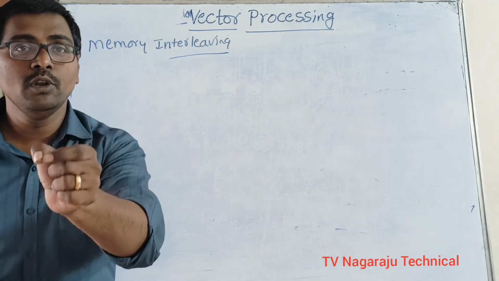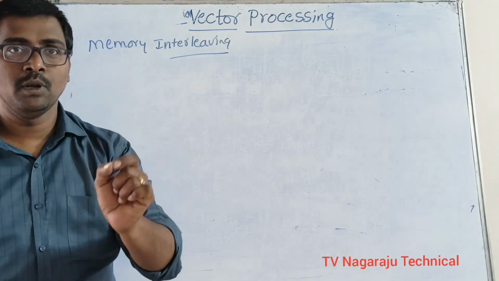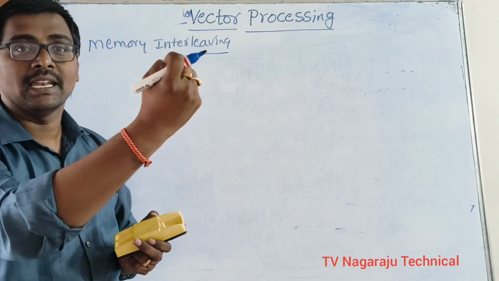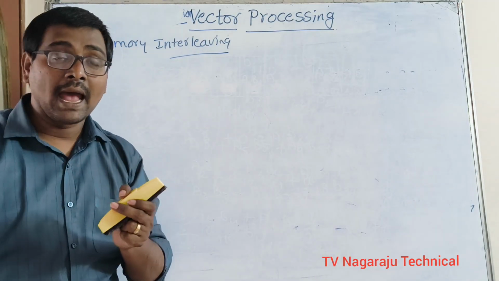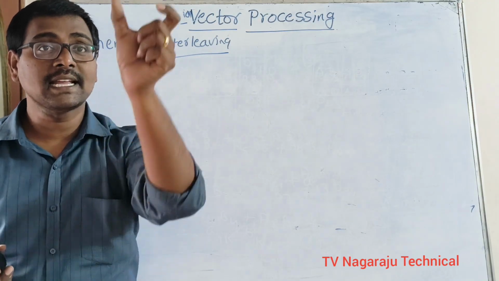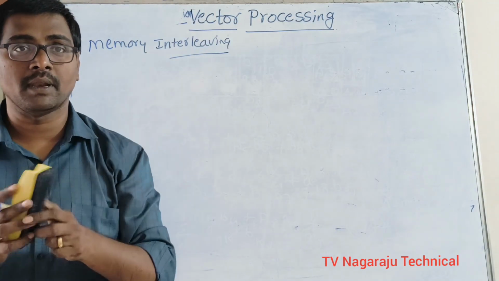Now, how do we allocate the memory? For example, in the instruction pipeline, one segment fetches an instruction from the memory, another segment fetches an operand from the memory. That is a simultaneous access to the memory.